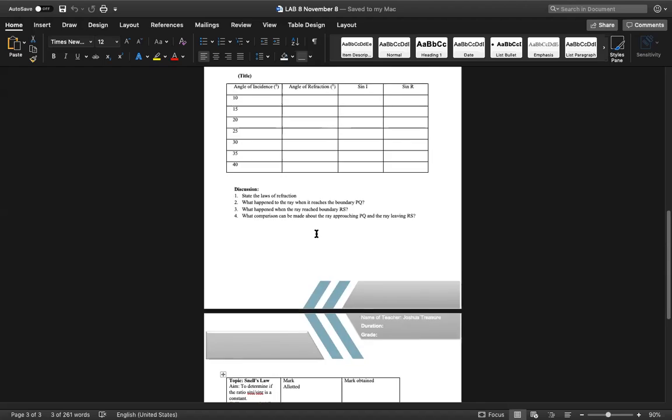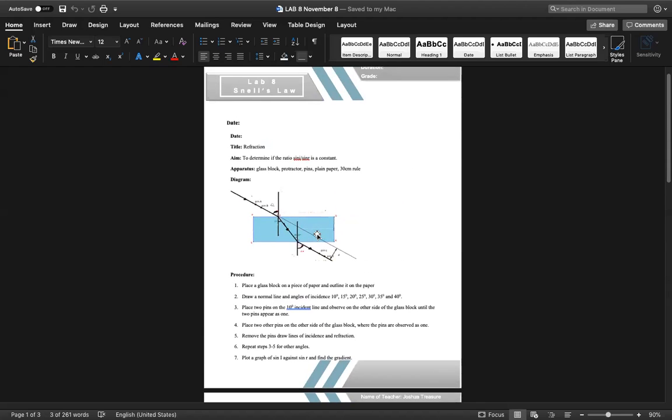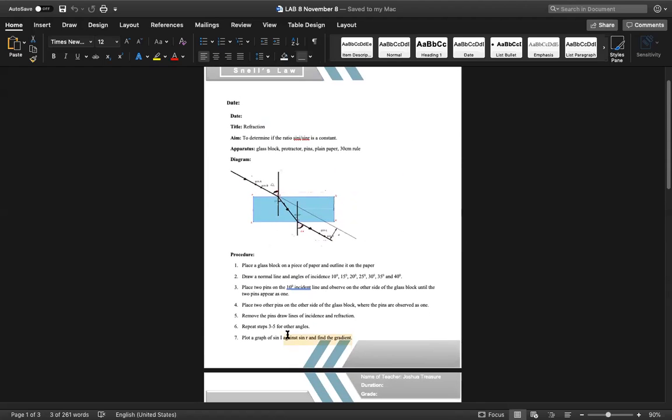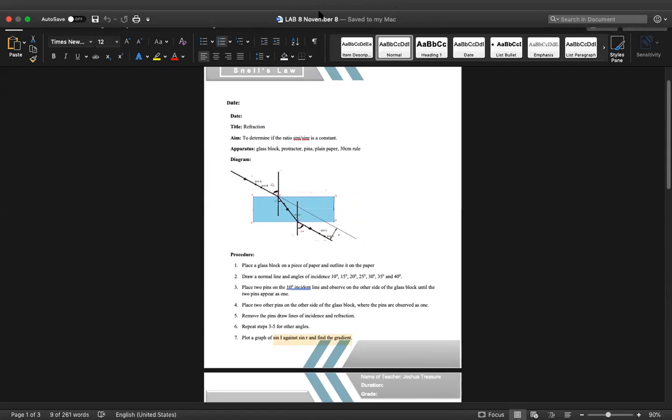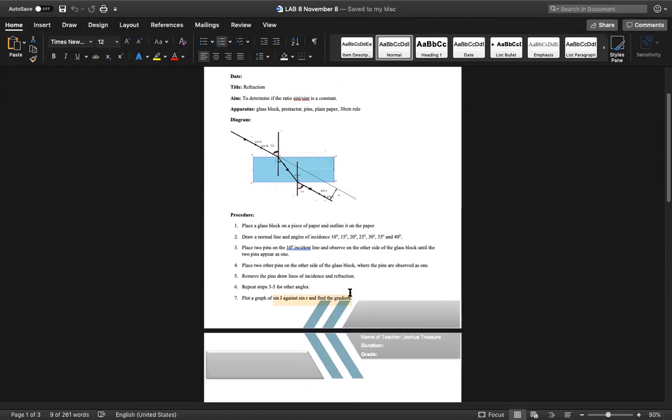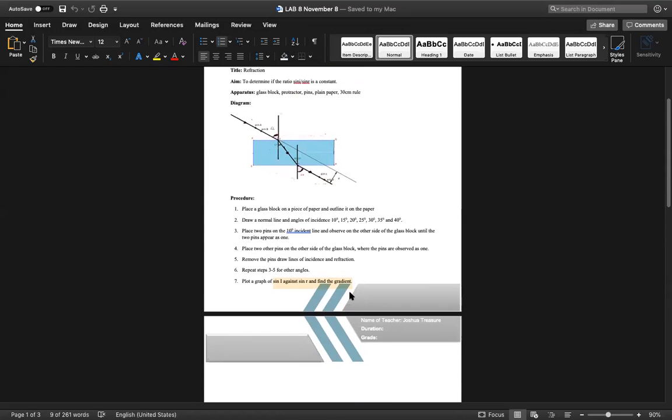So what will your graph look like? You must plot a graph of sine I against sine R. What would be on your y-axis?